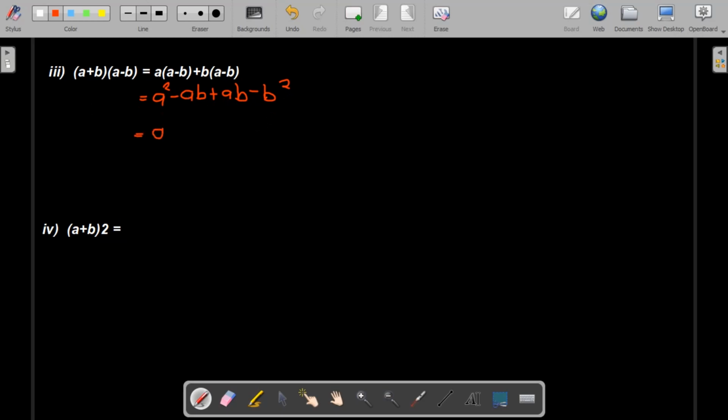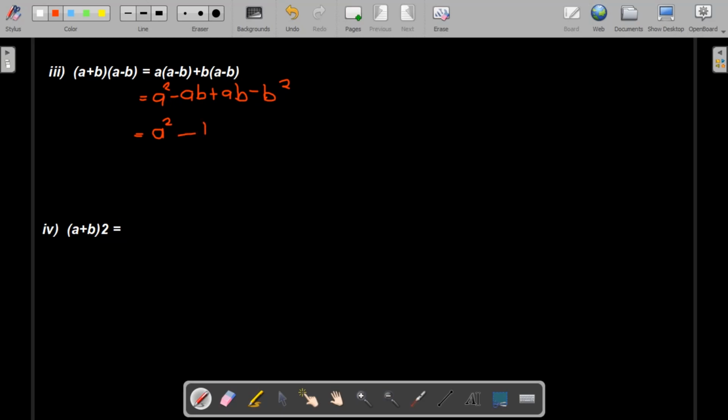Apart from that, we're going to rewrite this. We're going to say a squared. These are like terms, so if they are like terms, we can add or subtract them. Since we've got a negative and a positive sign, different signs and the same figures, it gives us 0. So minus ab plus ab is the same as 0. Then what are we going to remain with?